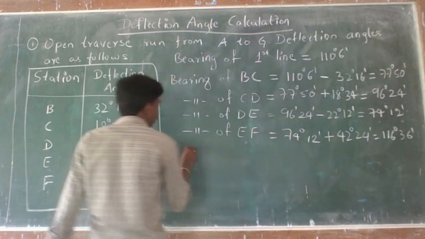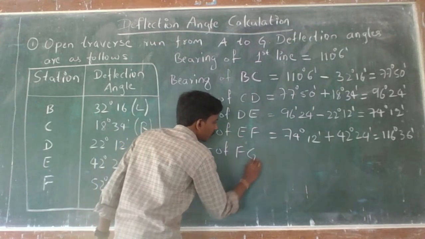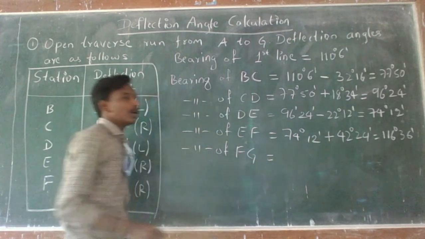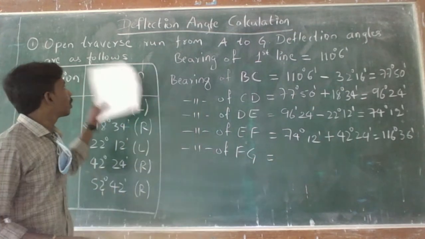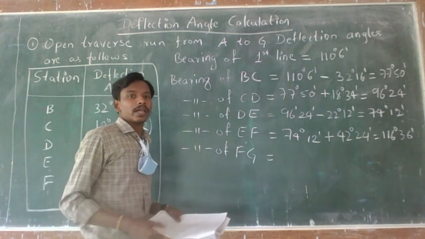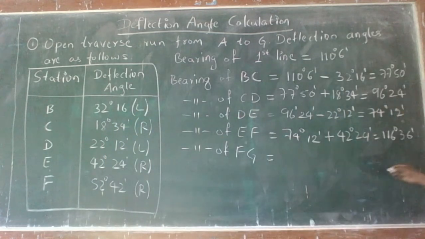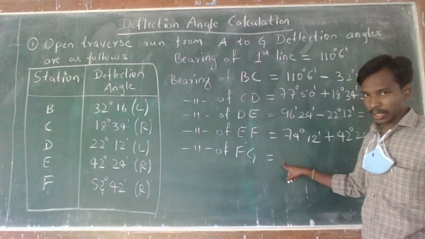Now let's calculate the bearing of the next line FG. This will be the last bearing of the given open traverse. Now here we have to take the bearing of the previous line.